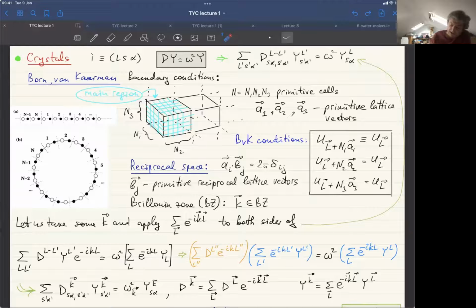However, we can use the fact that the dynamical matrix actually contains the difference of the lattice translations here. You see L here, L prime here, we sum over L prime. So L is still present in the left-hand side. All right.